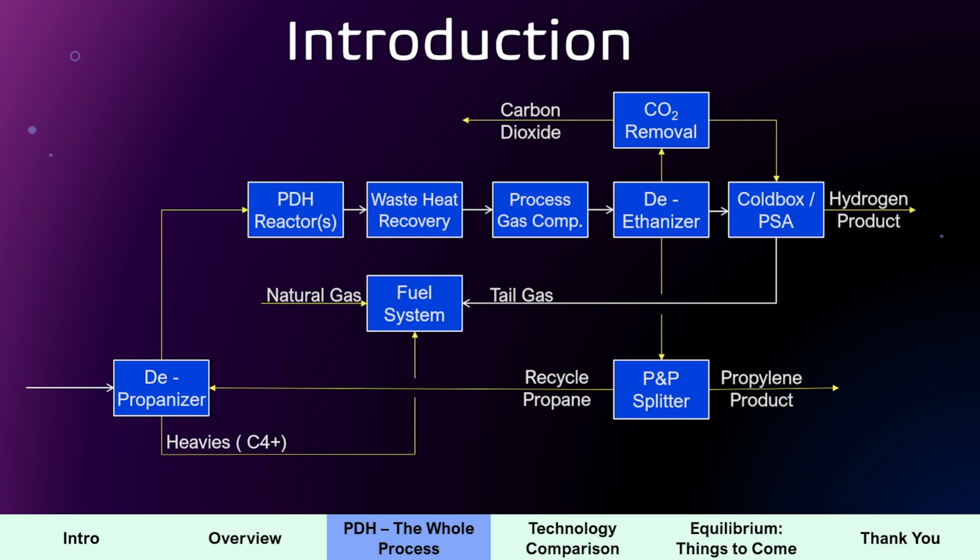Now, in our case, propylene and propane, their relative volatility, or basically their boiling point, is super close. Looking at the C3 splitter operating pressure, for example, you are talking about almost a 2 degree difference between the propane boiling point at pure conditions versus propylene at pure conditions.